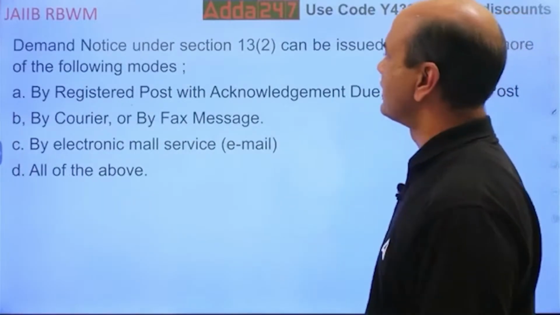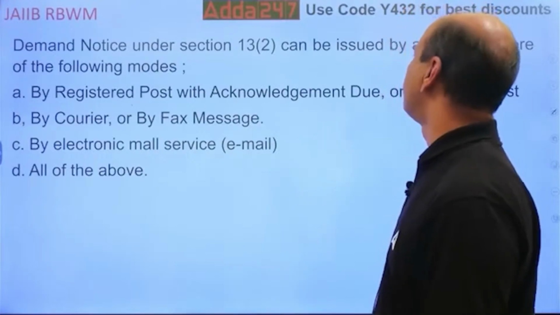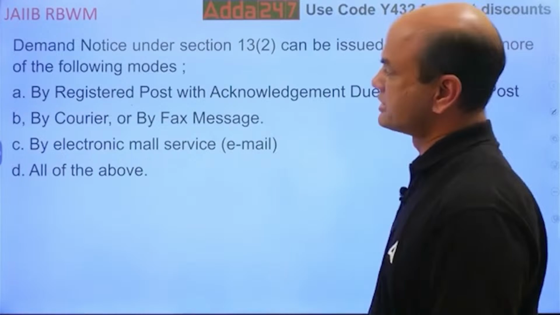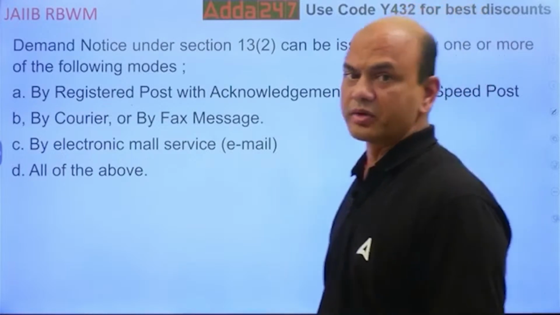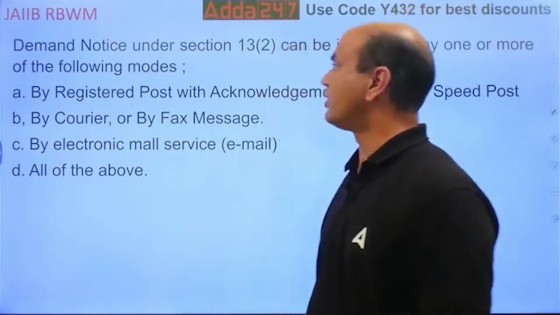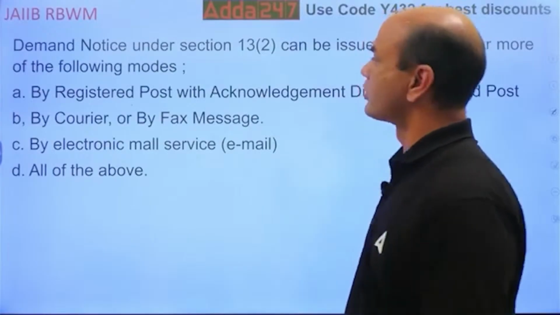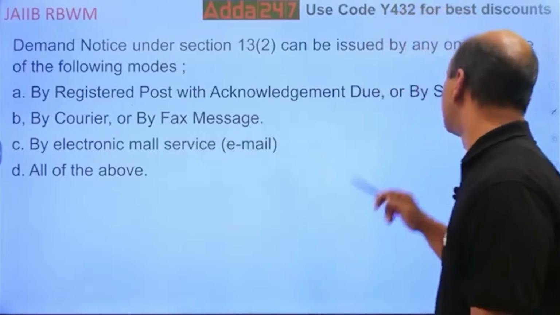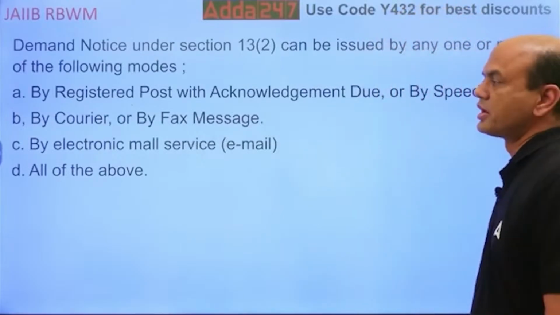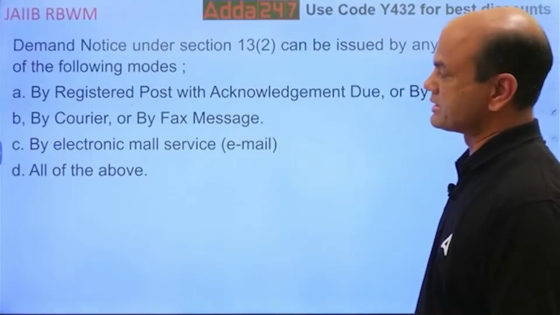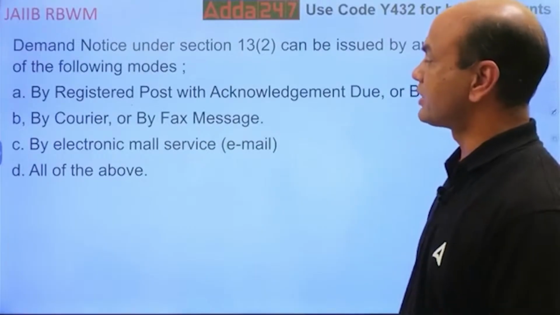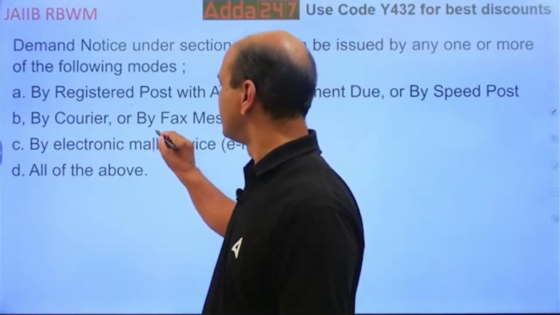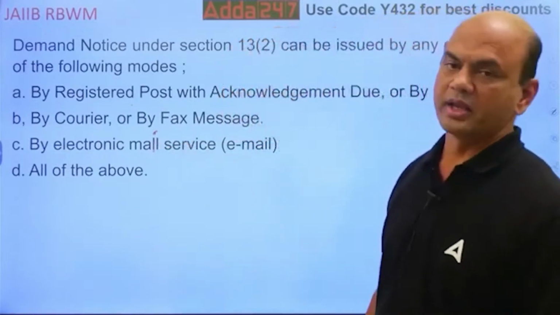Demand notice under section 13(2) can be issued by any one or more of the following modes: by registered post with acknowledgement due, or by speed post, by courier or by fax message, by electronic mail service, and all of the above.